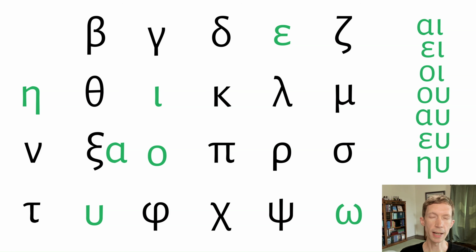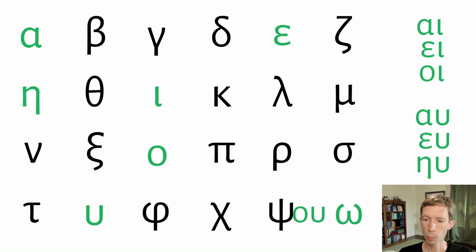Notice this one, xi, is like a KS pronounced right close together, which is kind of like the English letter X. So ks, ksa, psa, fa, la, za, da, ga, ba. Psu, ku, fu, nu.